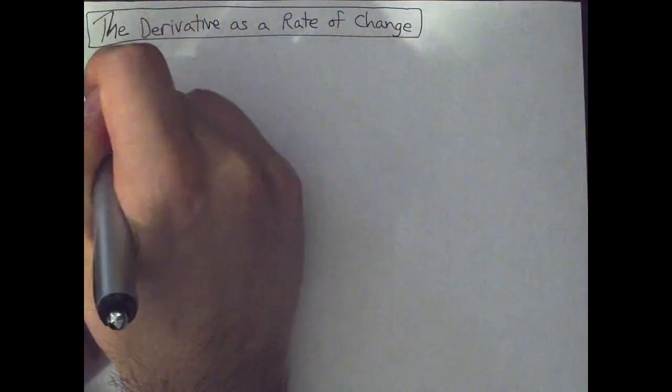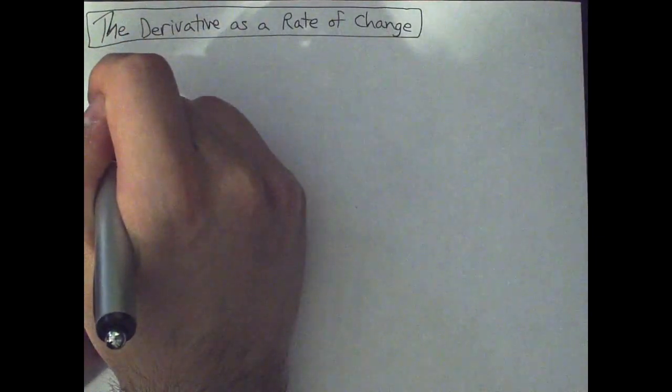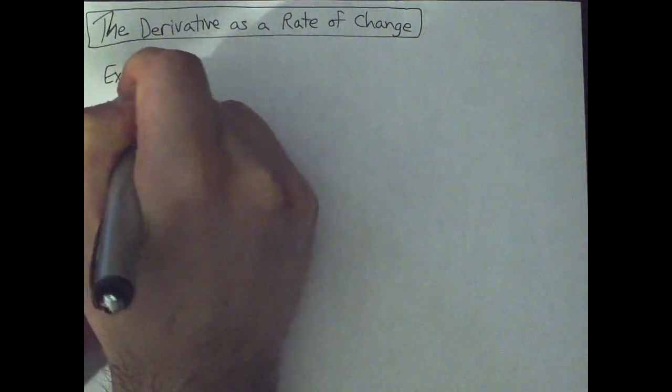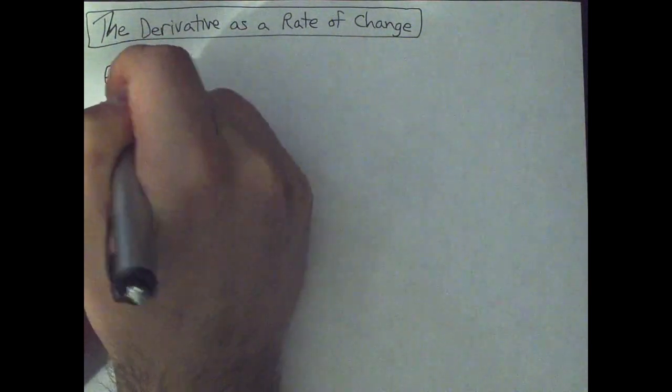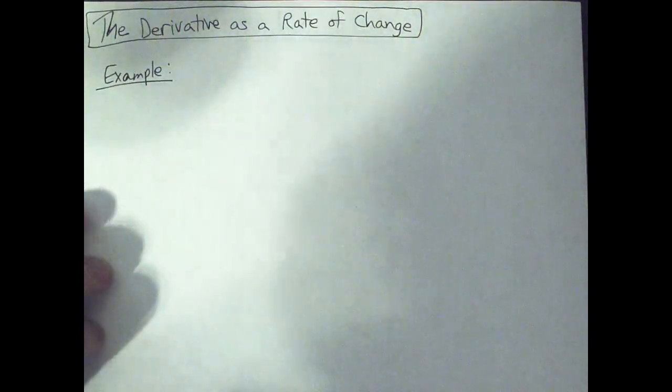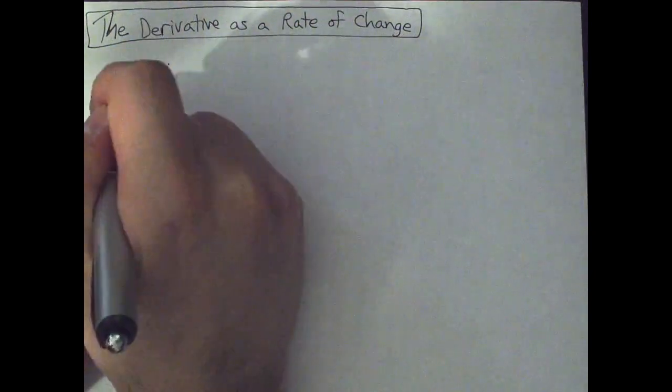So I'd like to start with an example question that's going to seem like we're not really using the derivative at first. But eventually we'll need to use the derivative pretty soon.